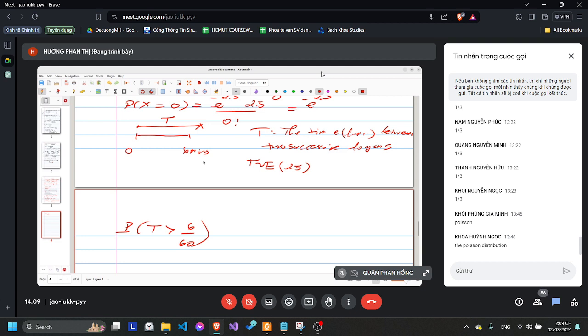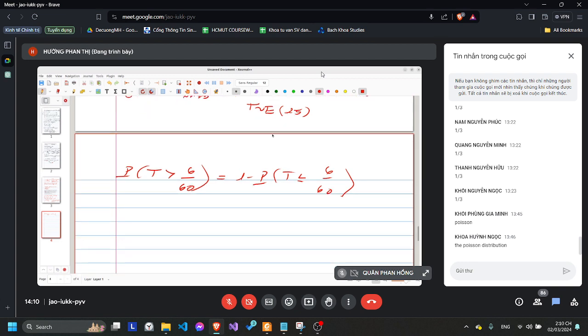The probability of T greater than something is 1 minus the probability of T less than or equal to 6 over 60, which is F of 6 over 60. For T following the exponential, we use the formula 1 minus e power minus lambda t, so minus 25 multiplied by 6 over 60. So it's exactly e power minus 2/5.